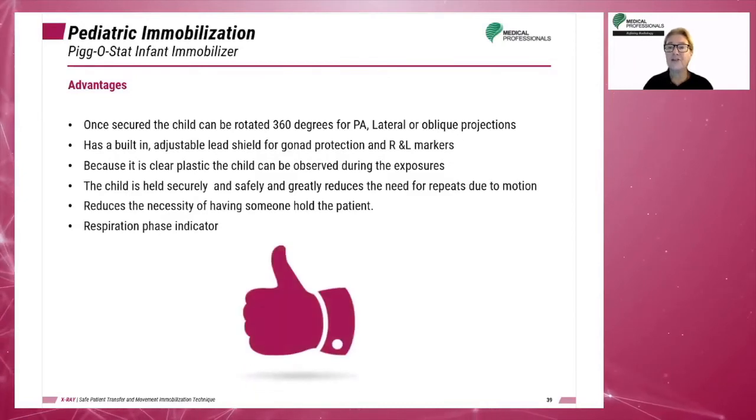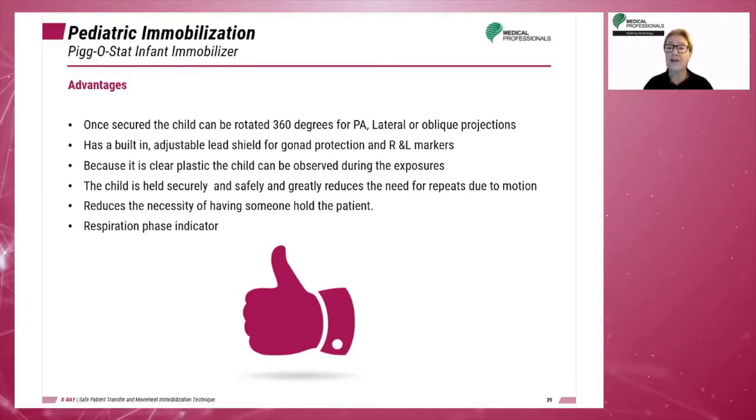The advantages of the Pigistat infant immobilizer include the following. Once secured, the child can be rotated 360 degrees for PA, lateral, or oblique projections of the chest. It has a built-in adjustable lead shield for gonad protection and right and left markers.